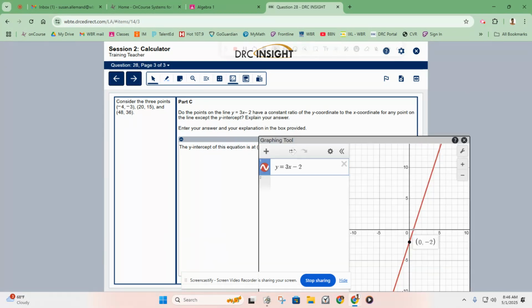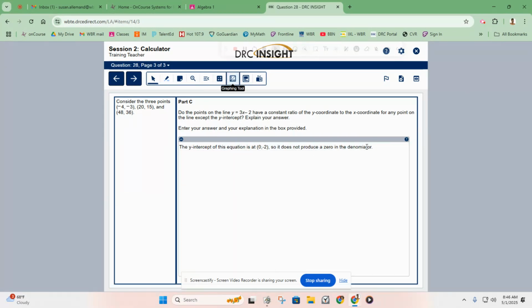Let me move this for a second. Let's talk about why not in the denominator. Because, let's say why, we want to explain. Because it does not go through the origin.